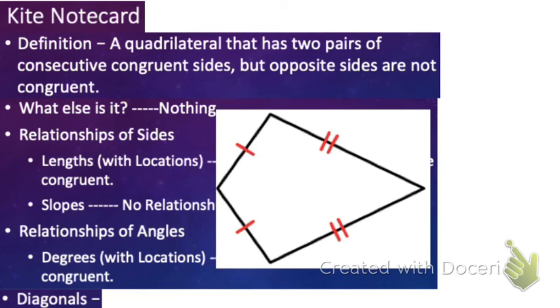On the right-hand side, these 2 sides are consecutive and congruent. But opposite sides are not congruent. Are opposite sides congruent here? No. If they were, it'd be a parallelogram, but it can't be a parallelogram because a kite cannot have any parallel sides.